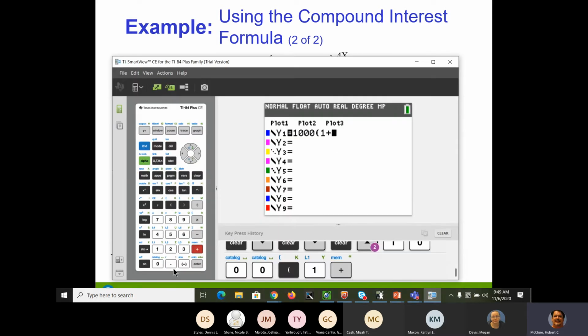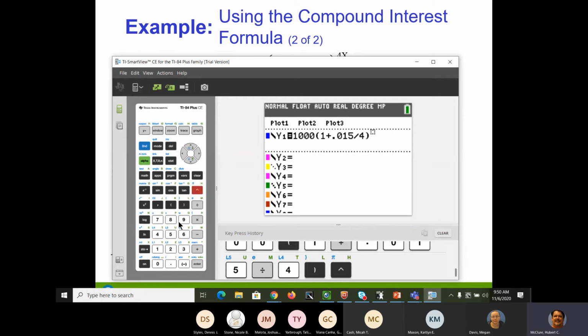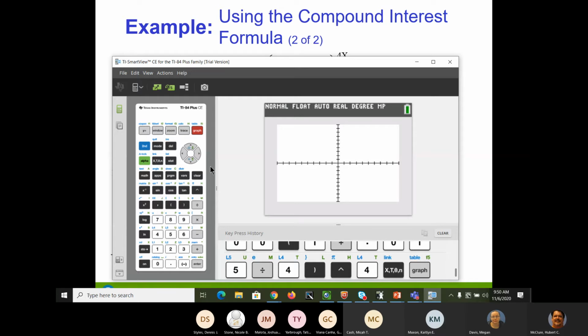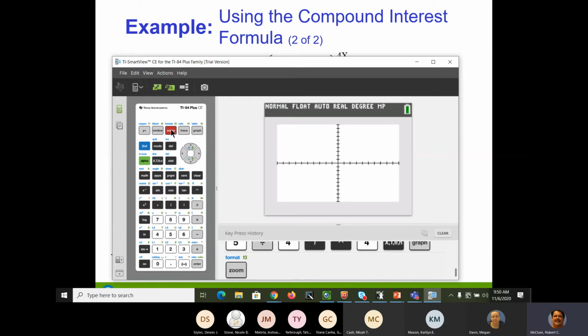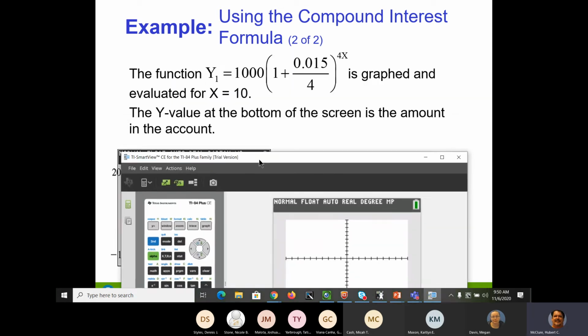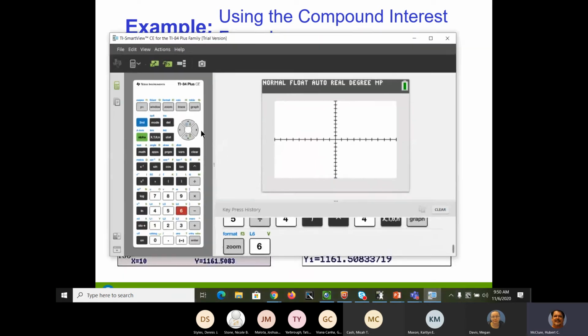I'm sorry. 0.015 divided by 4, close parentheses, raised to the 4x power, and graph. And zoom standard. And zoom 0.